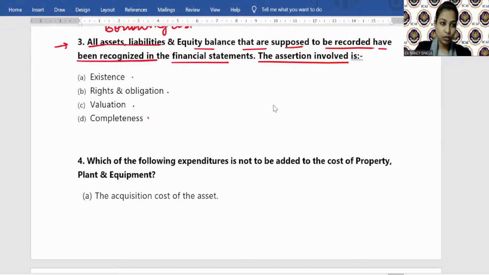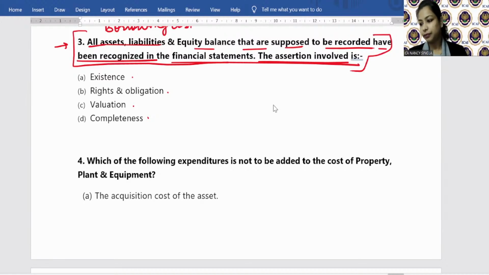And in this line, also tell me what is the keyword here. कंप्लीटनेस है ये कौन से वर्ड से आपको पता चल रहा है?